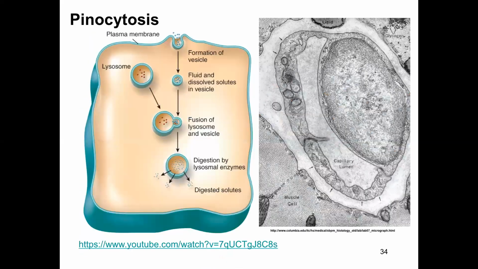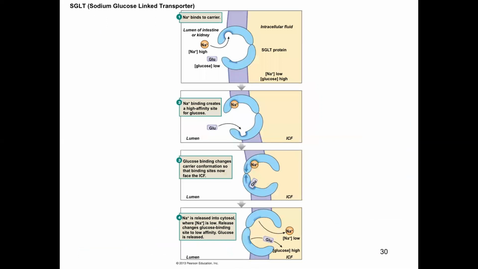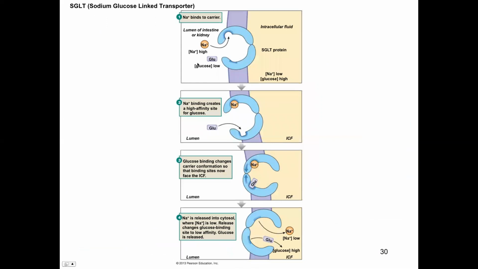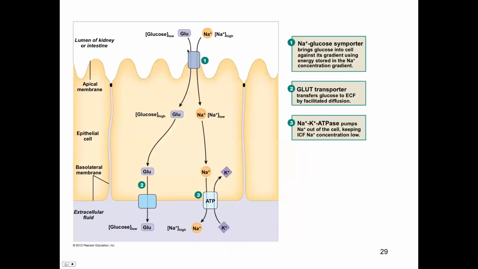So if we go back here and talk about this, imagine inside the cell you're making protein, and you need to have your sodium-potassium ATPase on one side of the membrane, and you need to have your sodium-glucose linked transporter on the apical surface of the membrane.